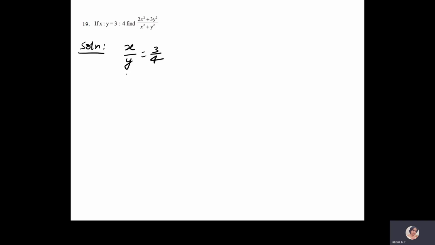So that implies, x is equal to 3y divided by 4, and x square will be equal to 9y square divided by 16.